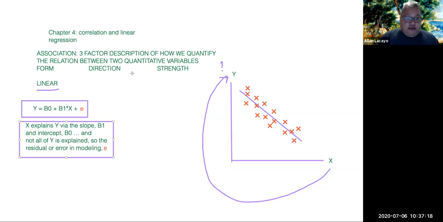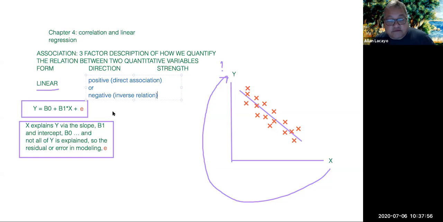And so after identifying if there is a relationship form, a linear form, we then look at whether this form has one of two possible directions. And the directions are positive. That's when you see a direct association between the two variables. Or negative. That's when you see an inverse relation between the two variables x and y.